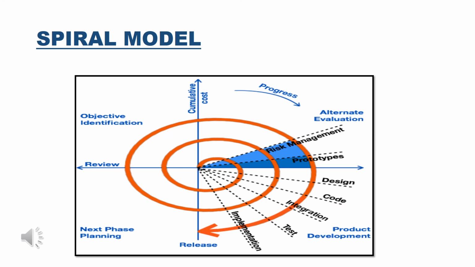The third quadrant is responsible for resolving all the identified risk. And in the fourth quadrant, reviewing and planning is done, that is we review the results achieved so far with the customer, and then we plan for the next iteration around the spiral. So we can say that progressively, step by step, a more complete version of the software gets built with each iteration around the spiral.